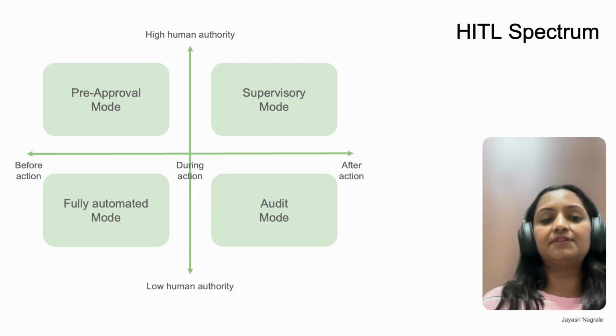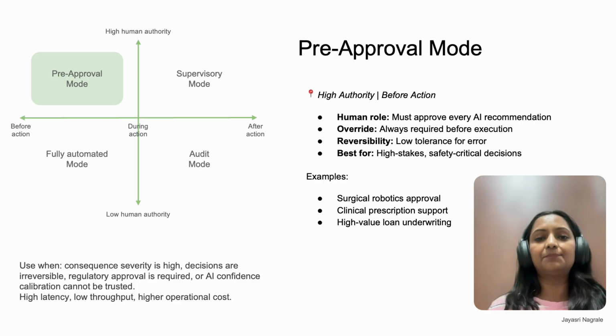So to start with, the first zone is the pre-approval mode, which is on the top left. Pre-approval mode has very high human authority, and it is done before the action takes place. Now, this is best used when the consequences or the severity of the AI's response is very high, where decisions are irreversible, where regulatory approval is required, or AI confidence calibration cannot be trusted.